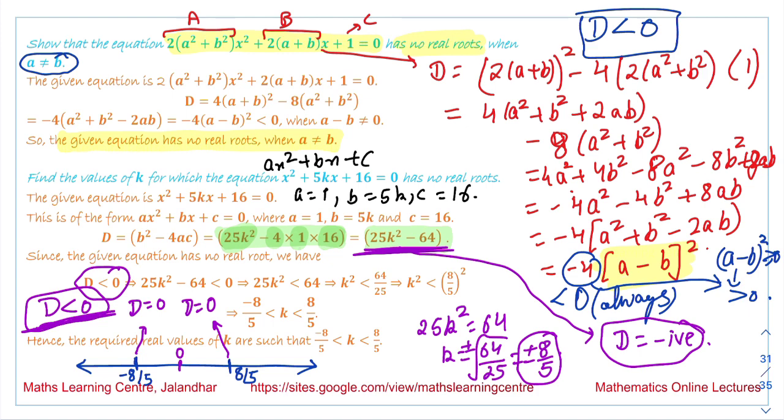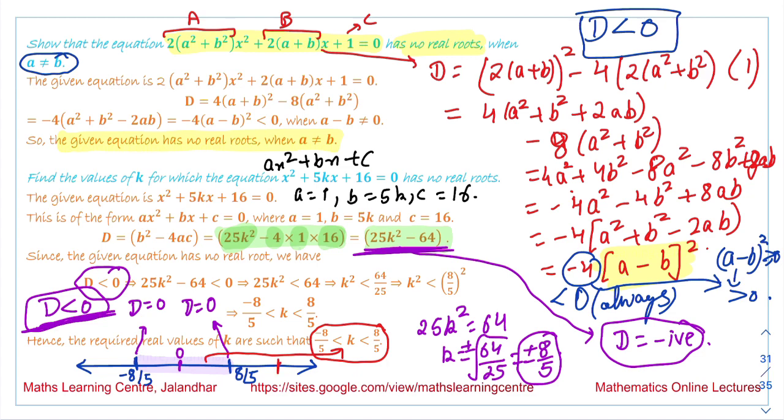So between minus 8 by 5 to 8 by 5, the more details of these kind of solutions you will study in your next class, in class 11th, that how you solve these kind of inequalities. So basically this is the region, the value of k between minus 8 by 5 to 8 by 5, for which this equation has no real roots.